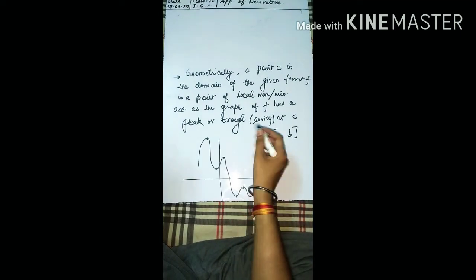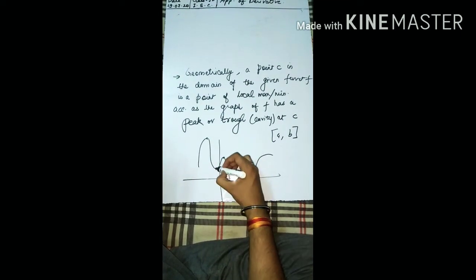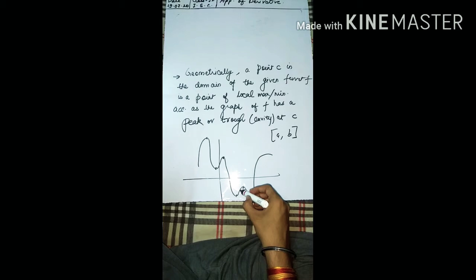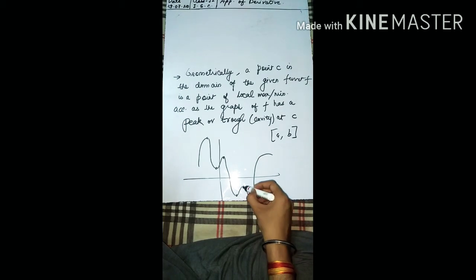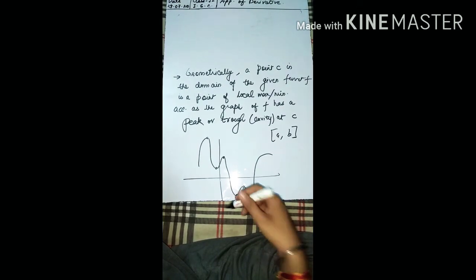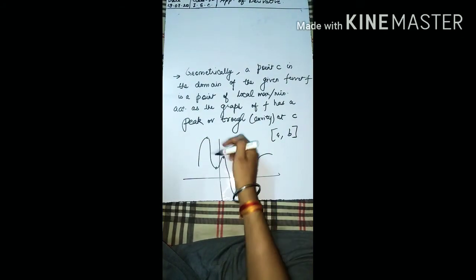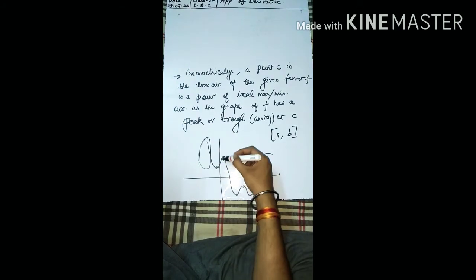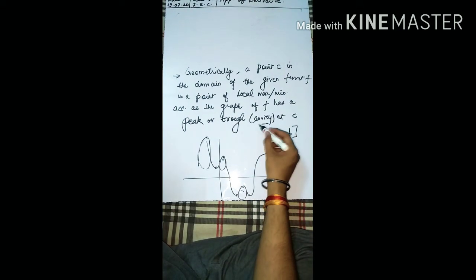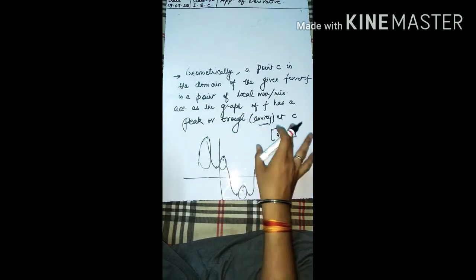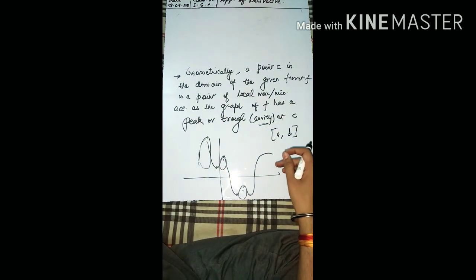So what is this peak or trough? This is a peak, this is a trough, this is a peak. For local maxima we call it a peak, and for local minima we call it a trough, and the area under it is called the cavity. So these mathematical terms you have to understand.